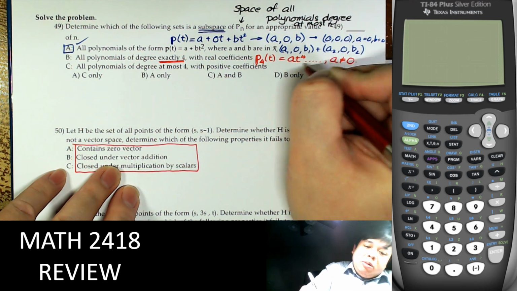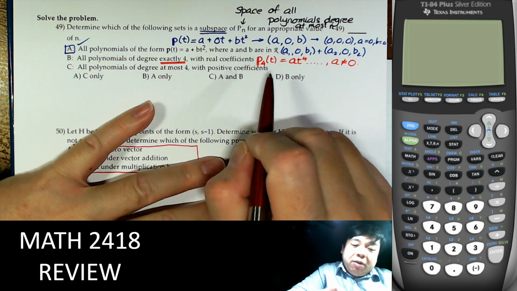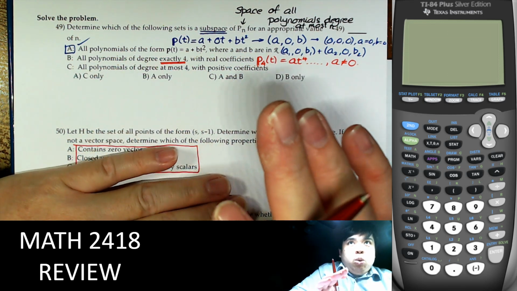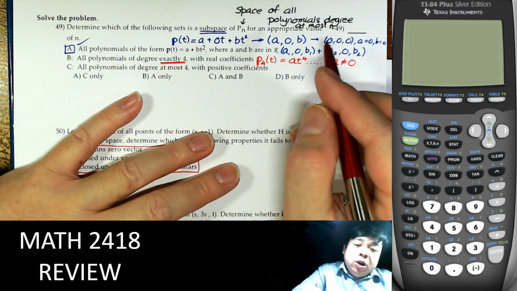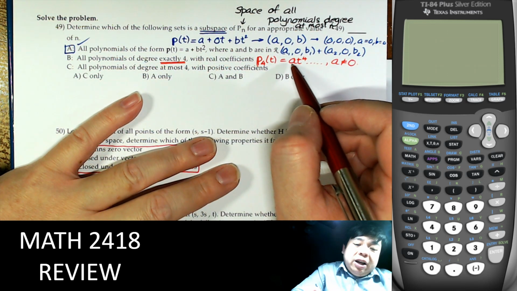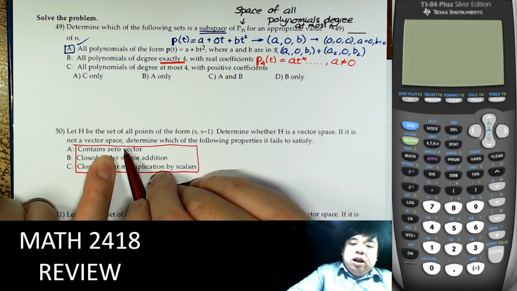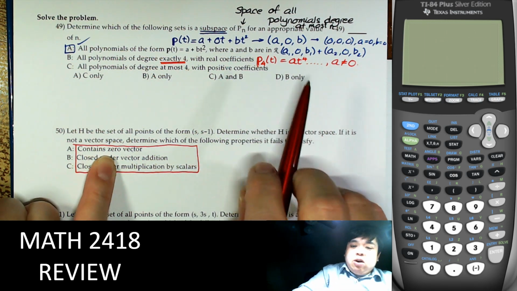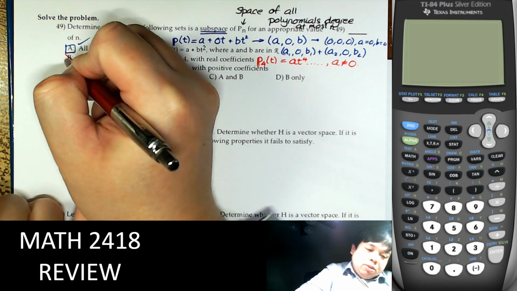If we don't have the 4th degree term, we don't have the highest degree as the 4th, so we will not have a polynomial of degree exactly 4. So a cannot be 0. Now if a cannot be 0, the 0 vector cannot be there. We would need a vector of all zeros, but the first entry cannot be 0. Therefore this one fails. So this is not a subspace.